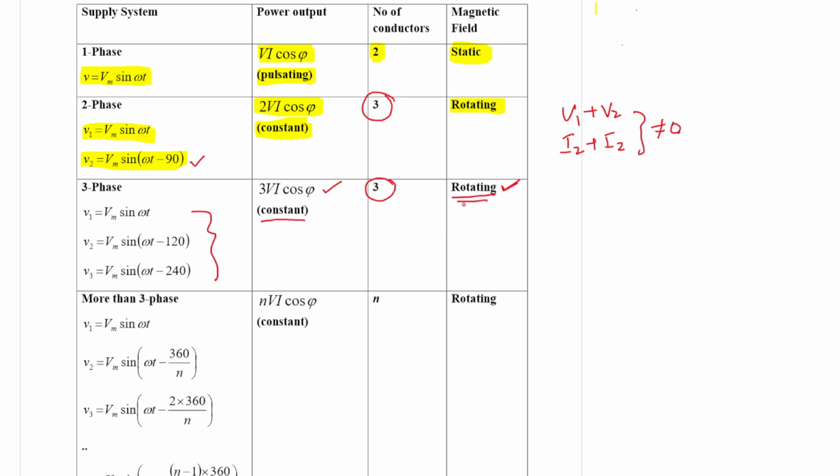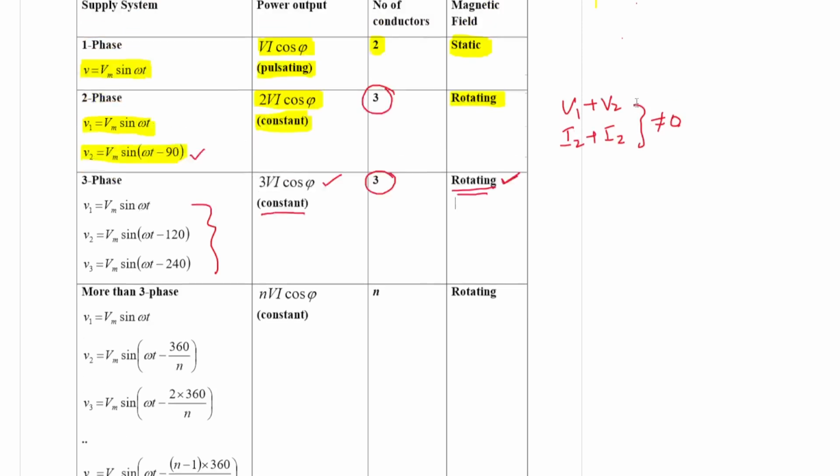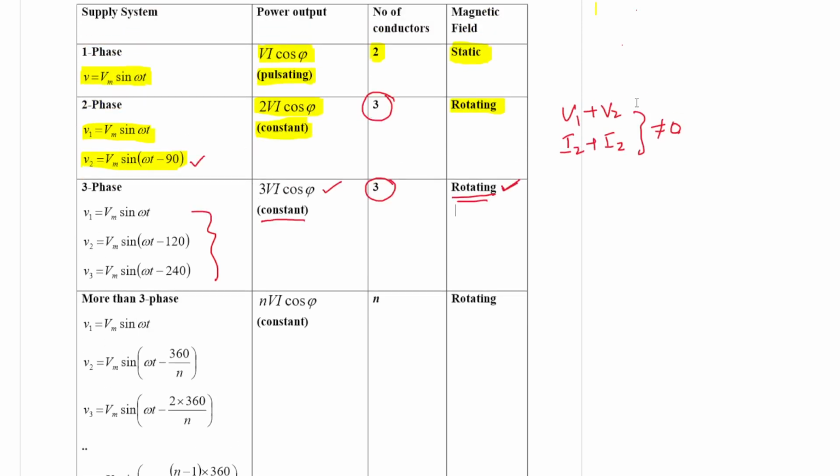That means if you give a three phase supply, a magnetic field is created which is always rotating. That rotating magnetic field always rotates with a speed of synchronous speed. So it is rotating with a constant speed always.